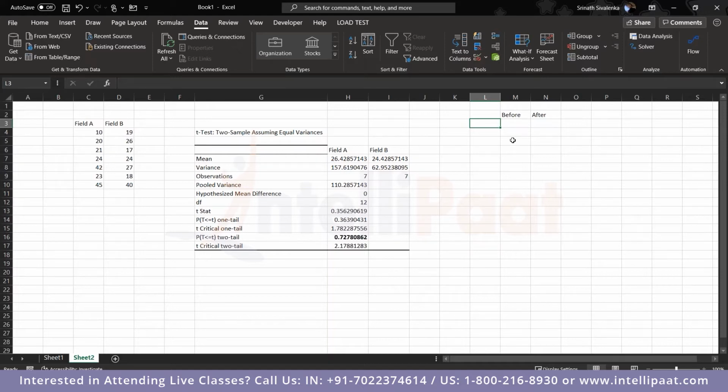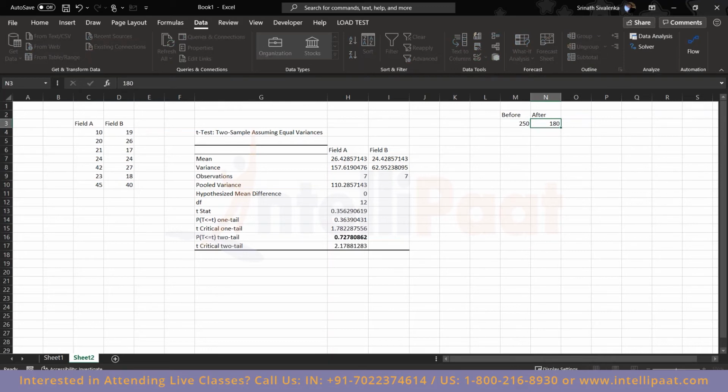Somebody who's got a 250, and then this is 180, 220, let's say 210, 170. Let's say this is 150, and so on. Let's come up with one more data point, 121, and let's say this particular person has dropped to 90.